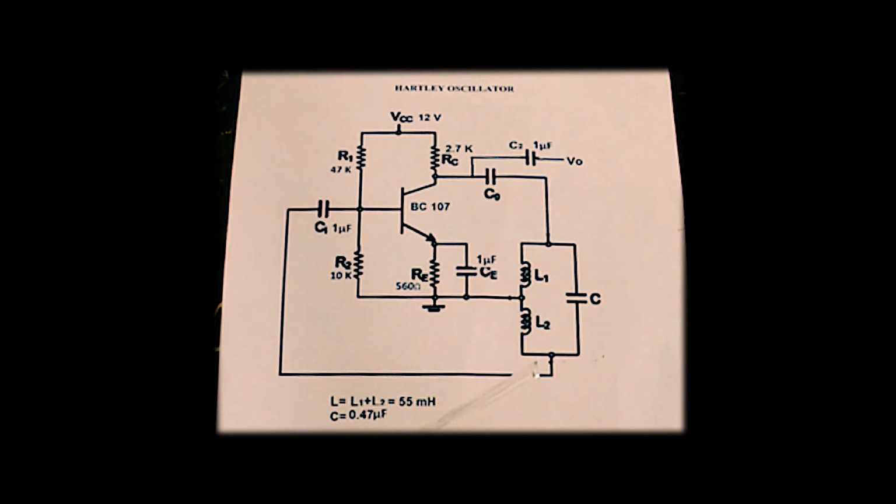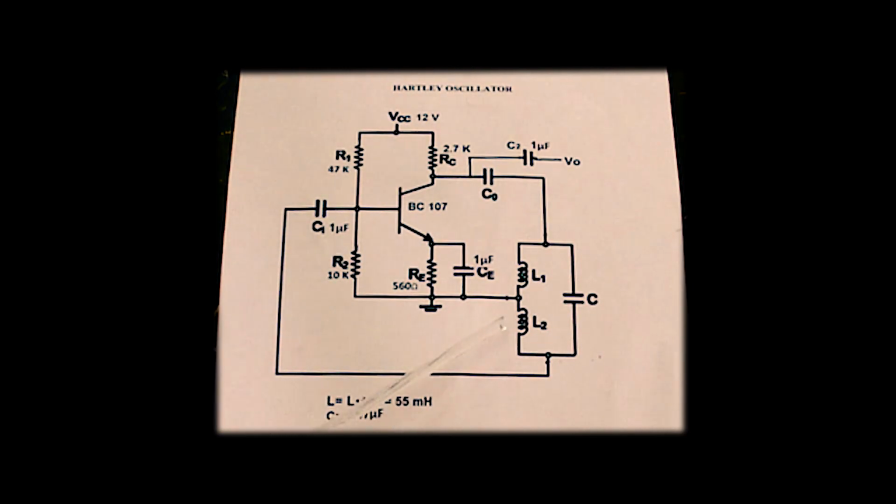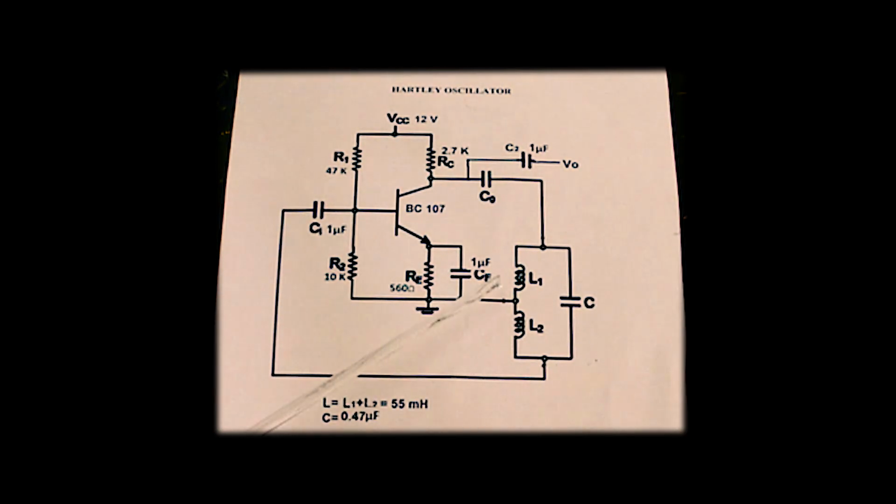This cycle continues and produces oscillations in the tank circuit. Since the junction between the two inductors is grounded, the voltage across L2 is 180 degrees out of phase with the voltage across L1.